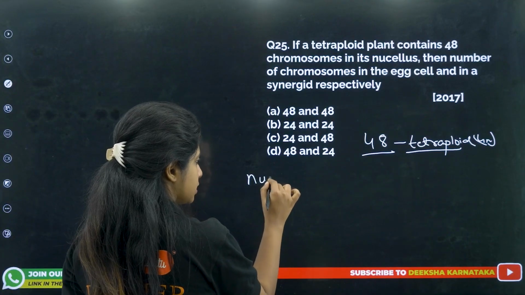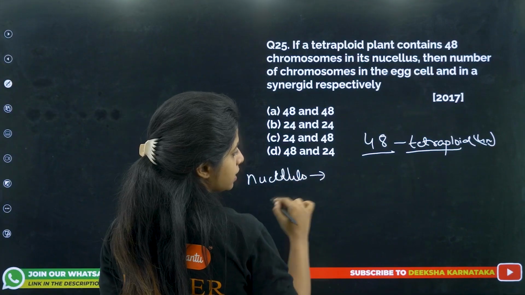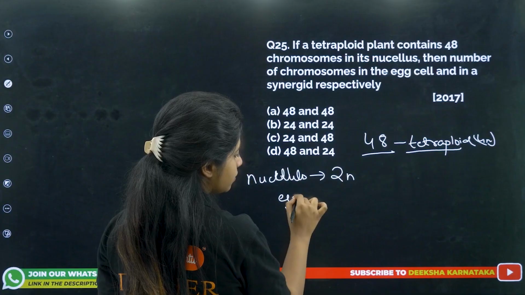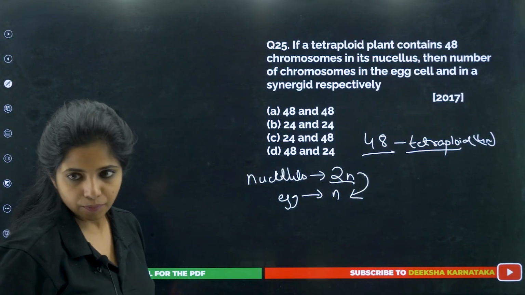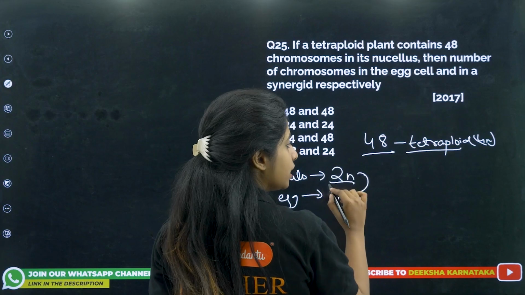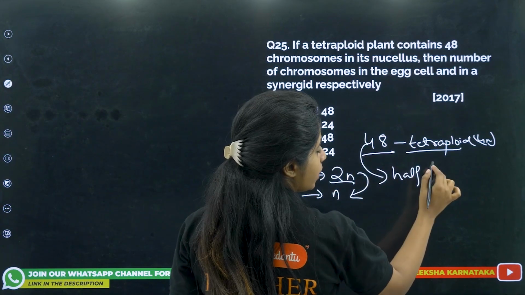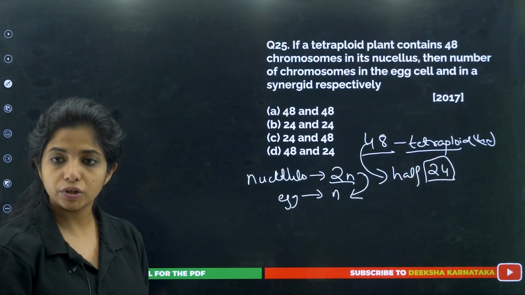If the cells of the nucleus had 2n chromosomes, then the egg and the synergid and everyone had n, that is half of it. Agreed? So now the nucleus cell is 48, I'll just halve it. Half of 48 is 24. So my egg cell will have 24, my synergid will also have 24.